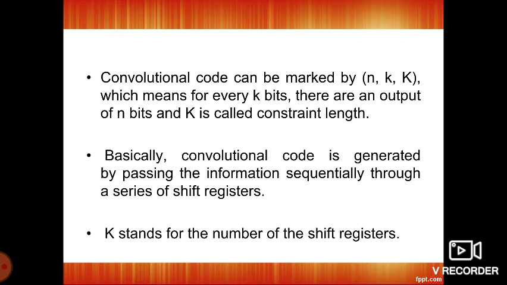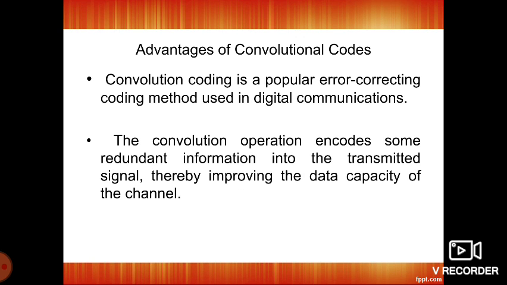The operation is equivalent to convolution and hence it is called convolutional coding. Whenever a message bit is shifted to position m, the new values of x1 and x2 are generated depending upon m1, m2.